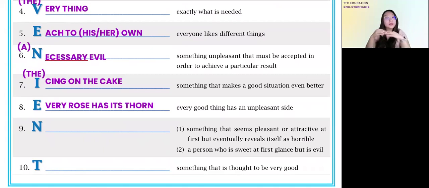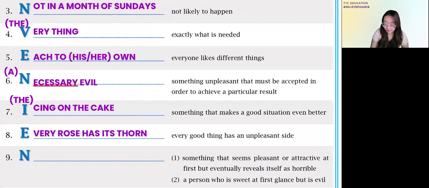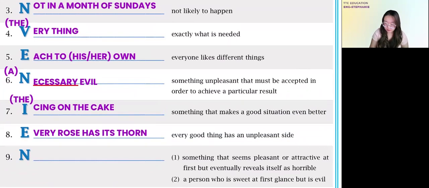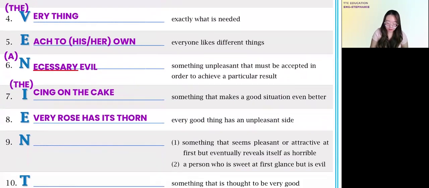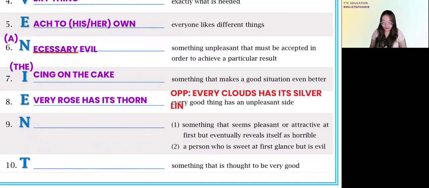All right. And the opposite one, if you want to talk about every bad thing has a pleasant side, then it will be every cloud has its silver lining. Okay, so let me also give you the opposite of it. So here, if you want to talk about the opposite, it is every cloud has its silver lining.